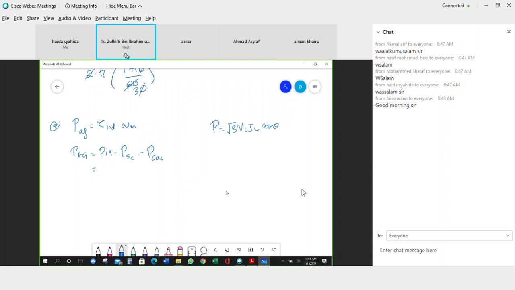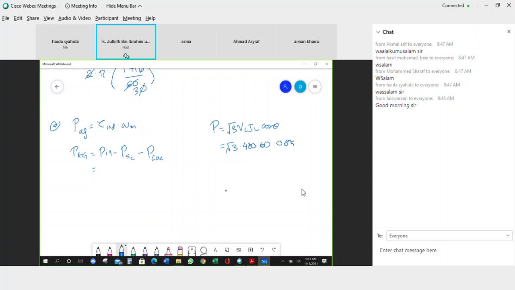So this gives you root 3 by 480 by 60 ampere by the power factor, which is lagging 0.85.